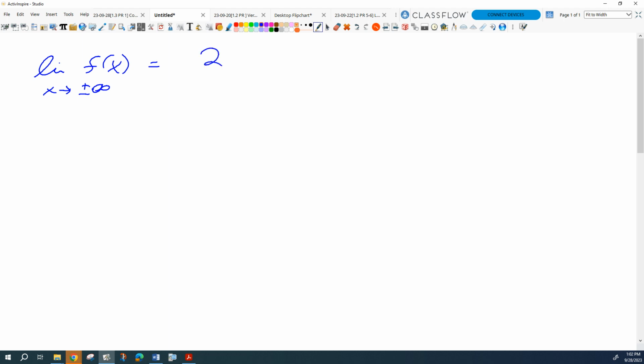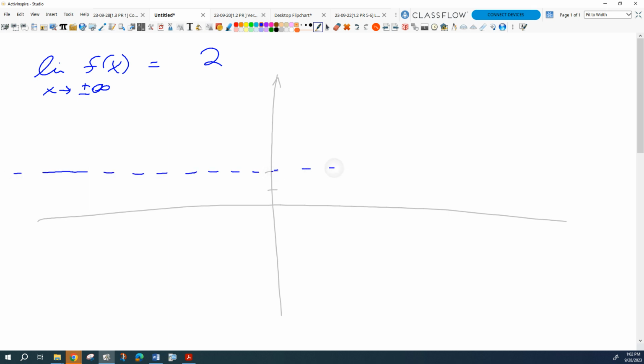Could be 0, could be -3, whatever. What's that graph going to look like? That means that y is going to approach the value 2 way out at the ends of this function. So there's my horizontal asymptote.